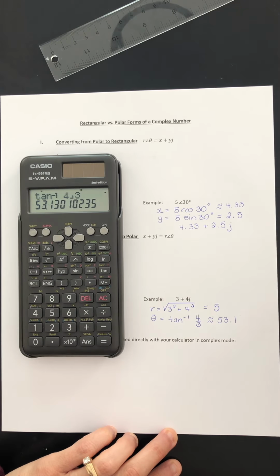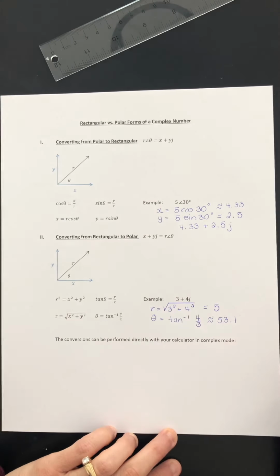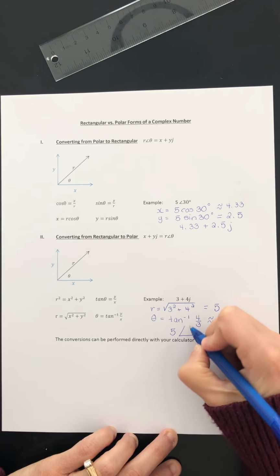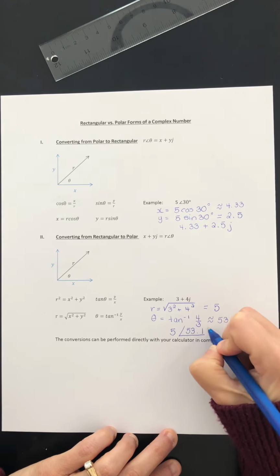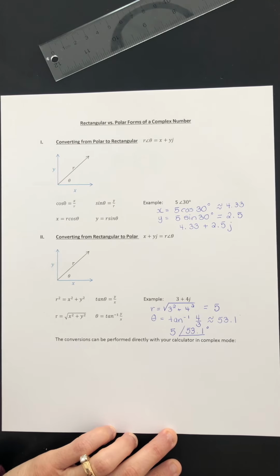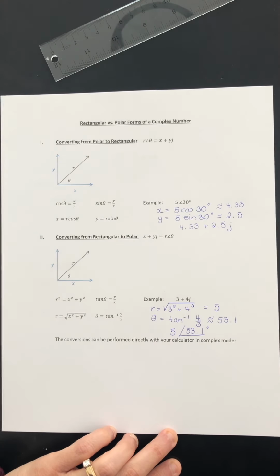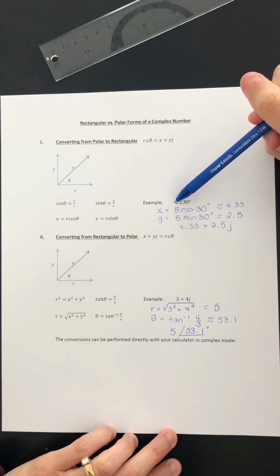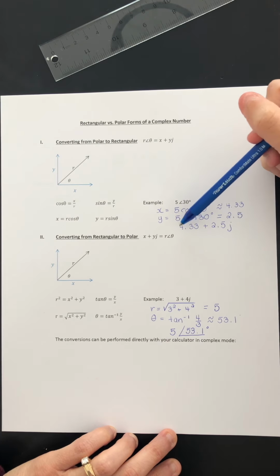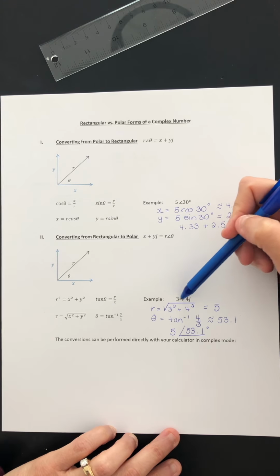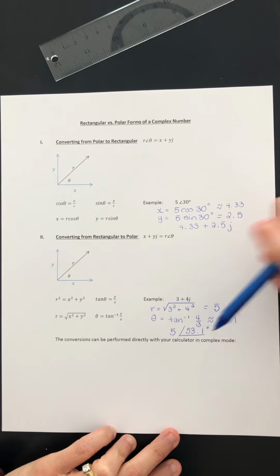Okay, so this means that 3 plus 4j can be written in this way: 5 at 53.1 degrees. Okay, so we can use the trigonometry and the diagram to help us convert from a vector in polar form to one in rectangular form, and similarly a vector in rectangular form to one in polar form.